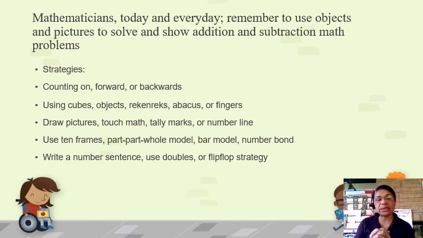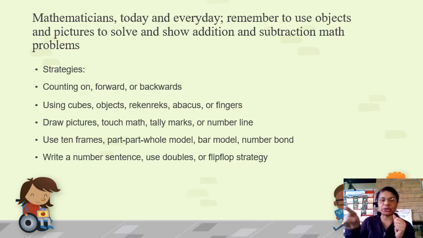Among those strategies you could use counting on, counting forward, or counting backwards. You could use cubes, you could use objects, the rekenrek, the abacus, or your fingers. You could also draw pictures.